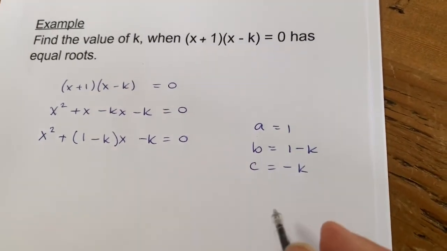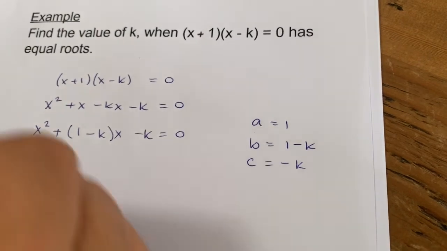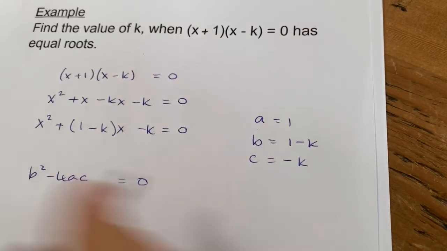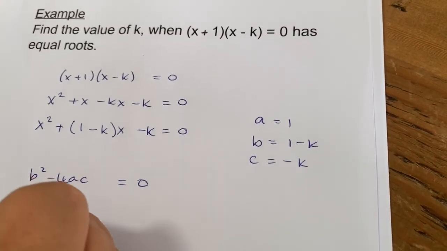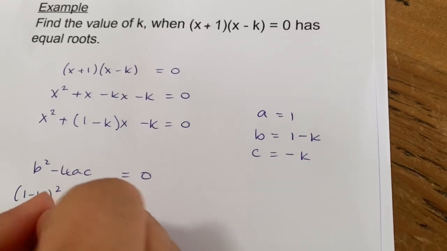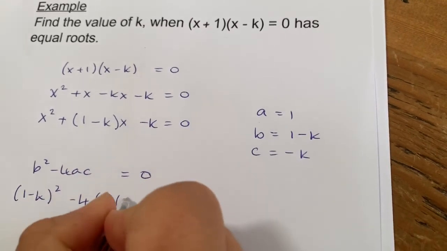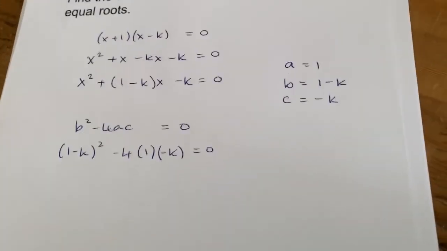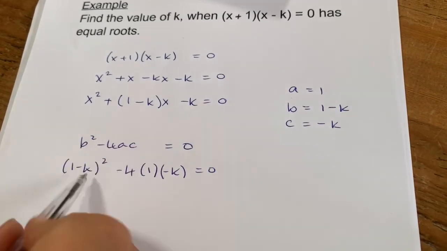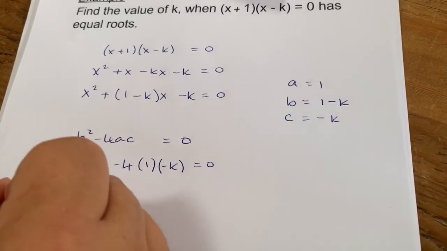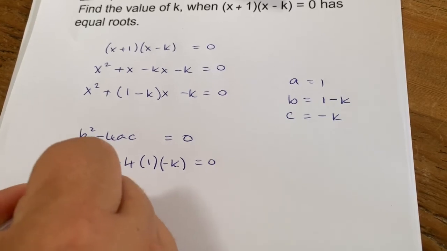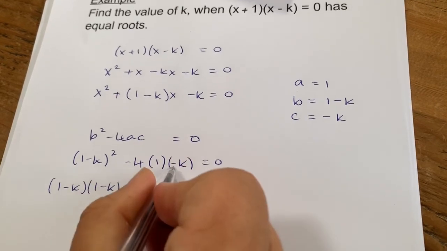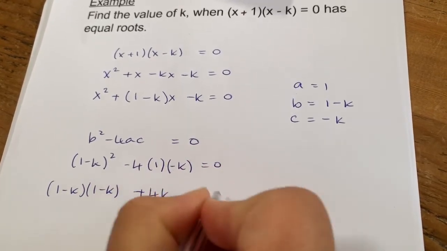Okay, so sticking this into b squared minus 4ac, and I know that that equals 0 because we've got equal roots. So then I have 1 minus k squared minus 4 times 1 times minus k equals 0. Expanding this and then solving it, you should then get 1 minus k, 1 minus k, and minus 4 times minus k is plus 4k, equals 0.